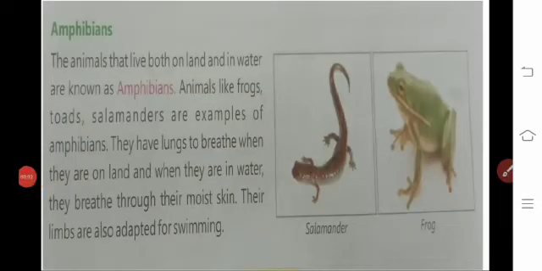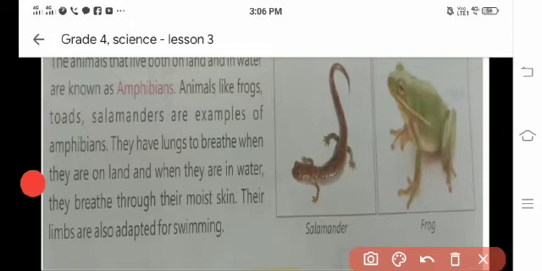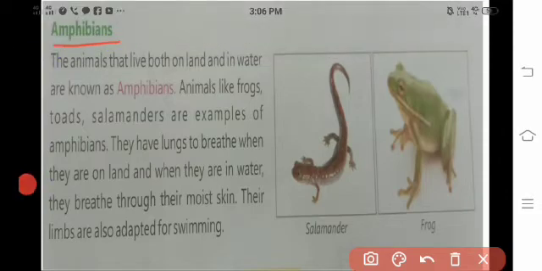Next we move on to amphibians. The animals that live both on land and in water are known as amphibians. Animals like frogs, toads and salamanders are examples of amphibians.